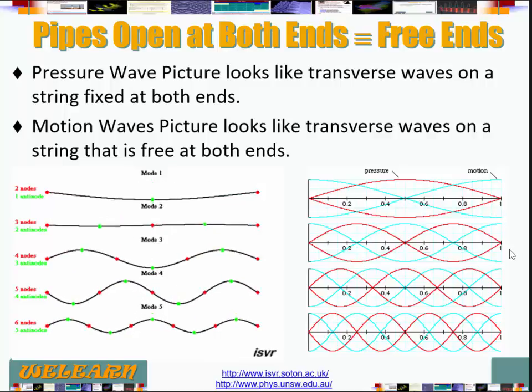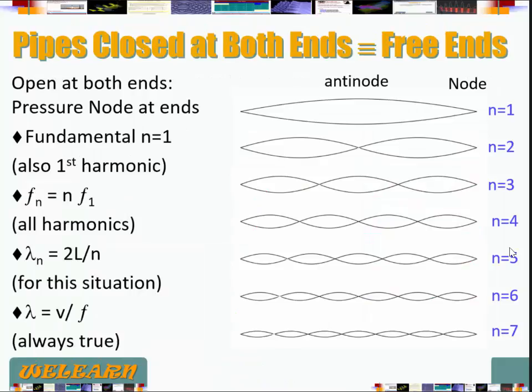The way we analyze this is very much like we did it for waves on a string. So this is my fundamental frequency, first harmonic, second harmonic, third, etc. The distance between the nodes is lambda over 2, so if I measure the length of the pipe, I can get from there lambda. The harmonics are related to the fundamental frequency through this simple expression.